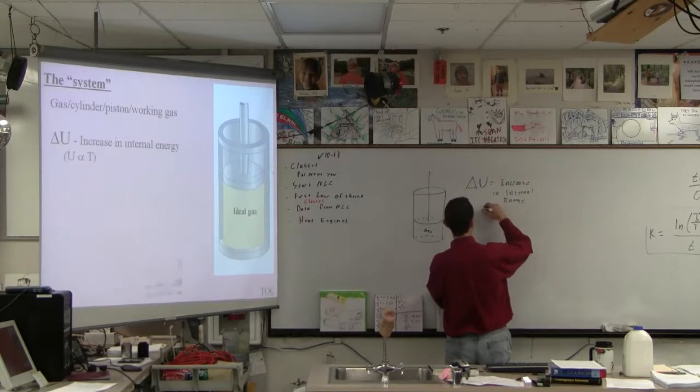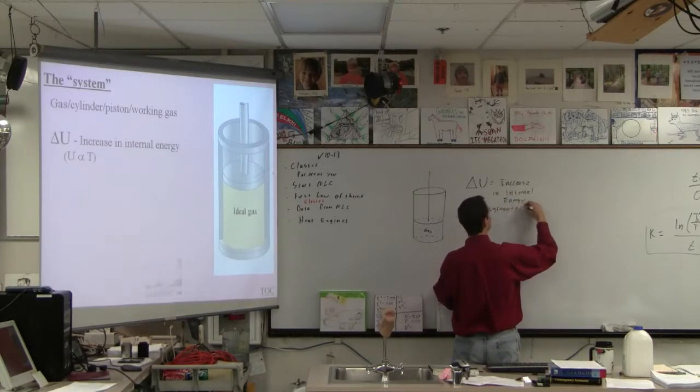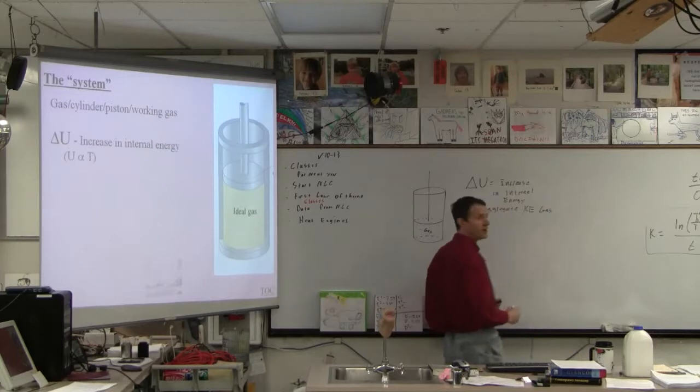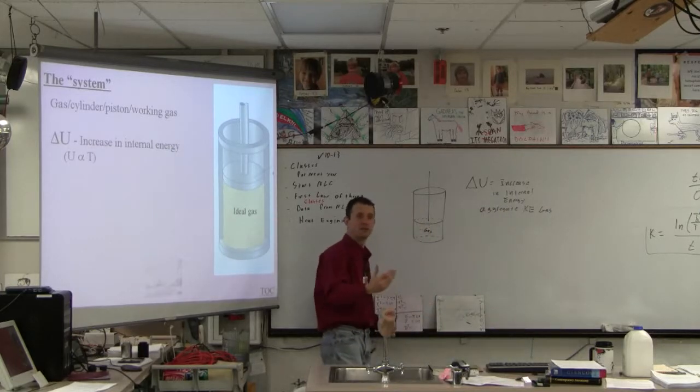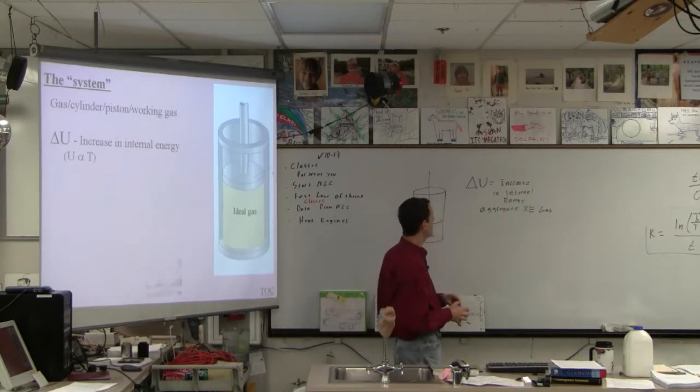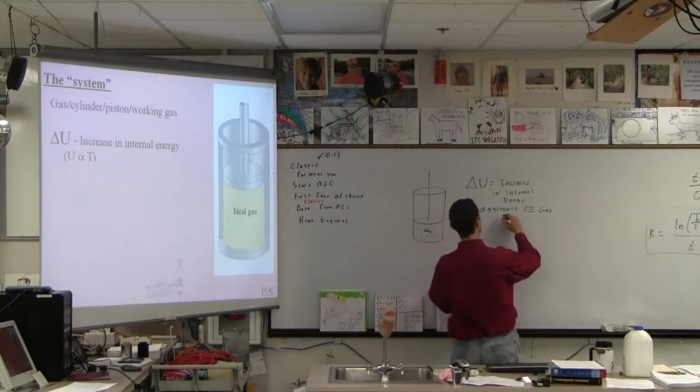Internal energy is the aggregate kinetic energy of the molecules of the gas. Imagine adding up at some instant all of the one-half mv squares of all those particles bouncing around inside the cylinder. That's what it is. Aggregate just means add them all up.